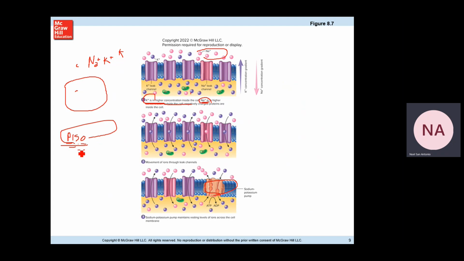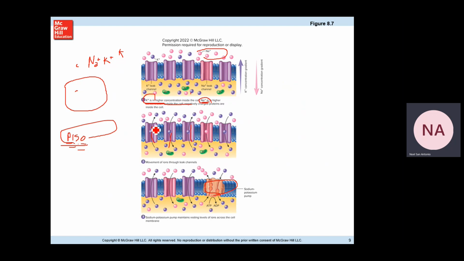But you have to remember, aside from the sodium-potassium exchange pump present in the cell membrane, you also have potassium leakage channels. These potassium leakage channels allow potassium to move out of the cell.